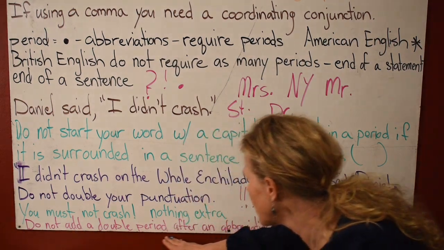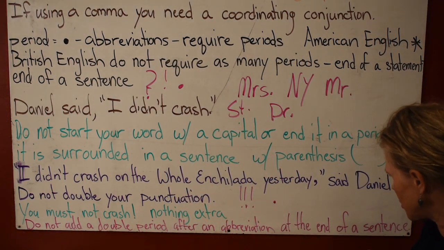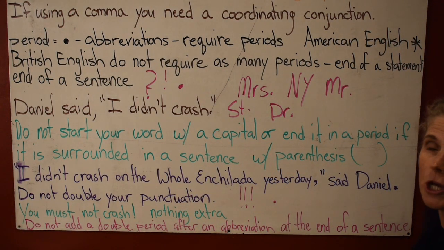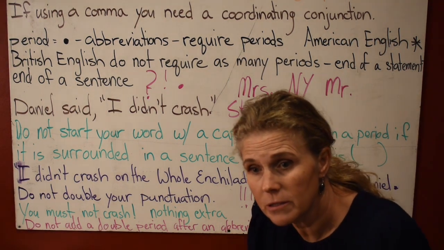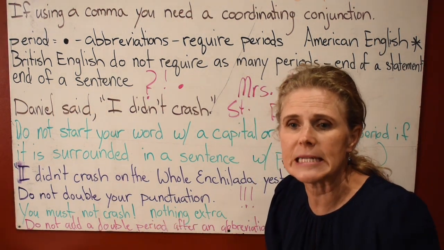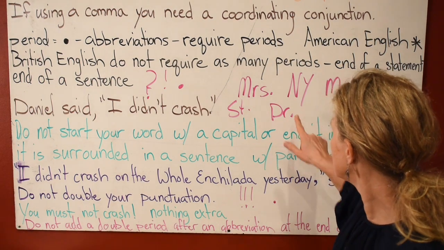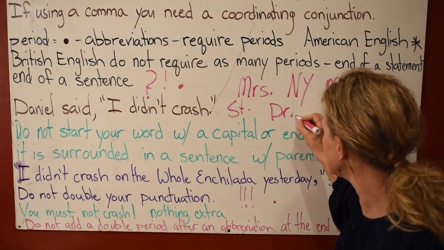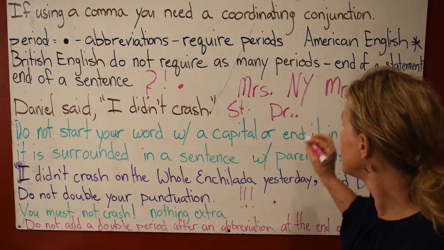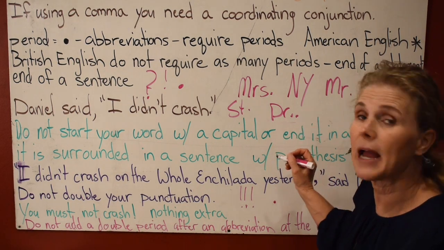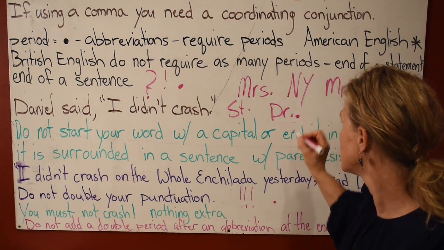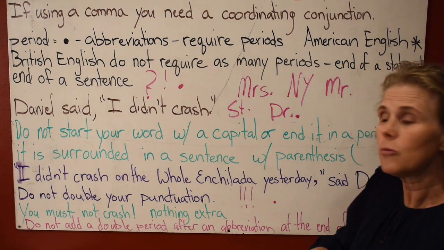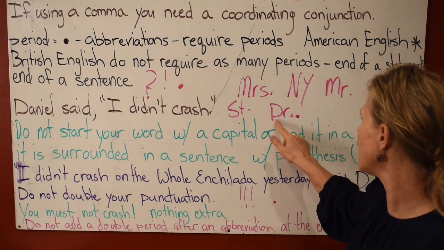Do not add a double period after an abbreviation at the end of a sentence. So if you have an abbreviation, what's an abbreviation, Paul? Give me an example. Yeah. So if this is at the end, you don't double period it. If you put doctor at the end, will you come to my house, doctor?